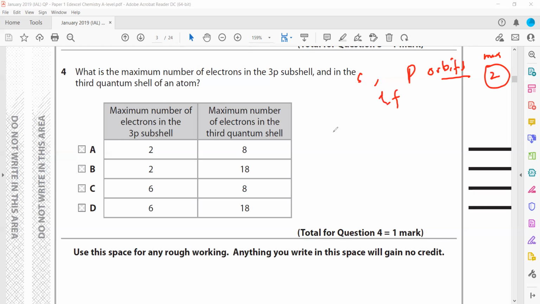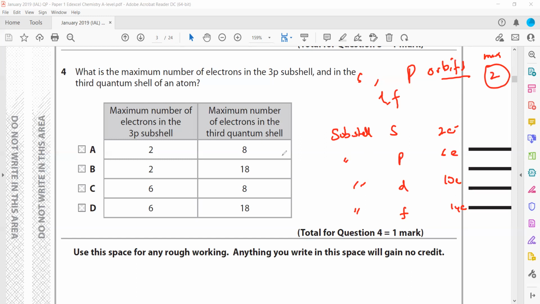But when they ask for the subshell, subshell s can have a maximum of 2 electrons, p a maximum of 6, d a maximum of 10, and f a maximum of 14 electrons. This is the distribution of electrons in the subshells. But in an orbital, it will always be 2.